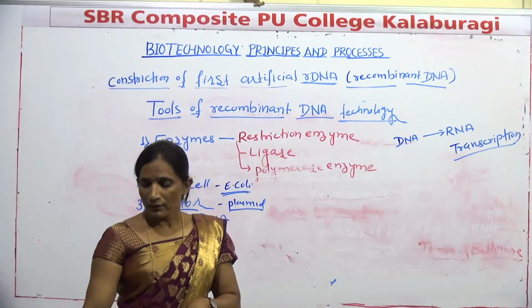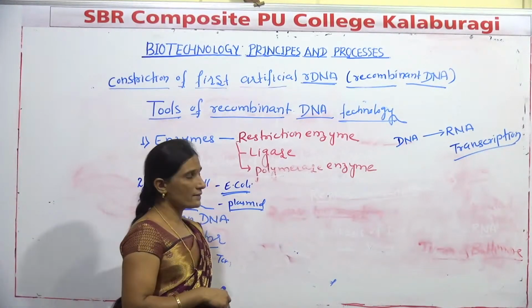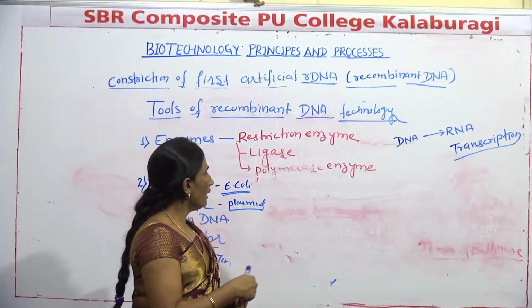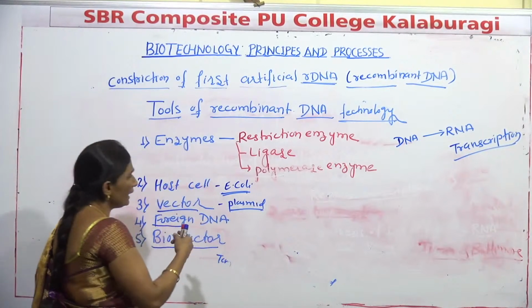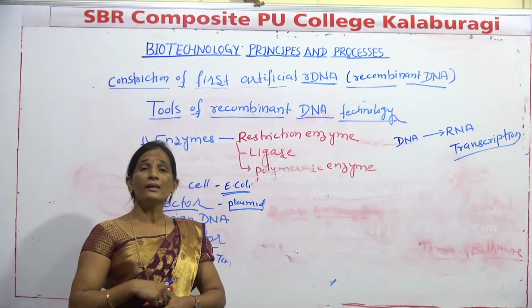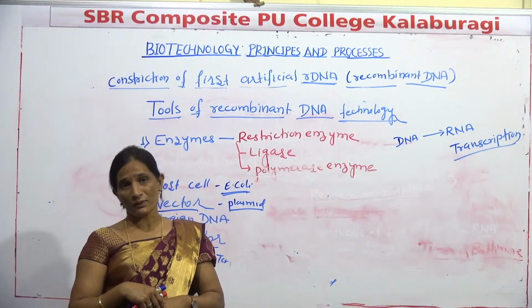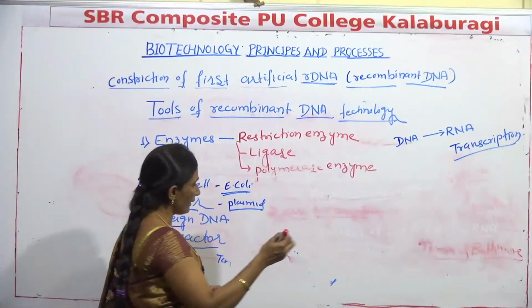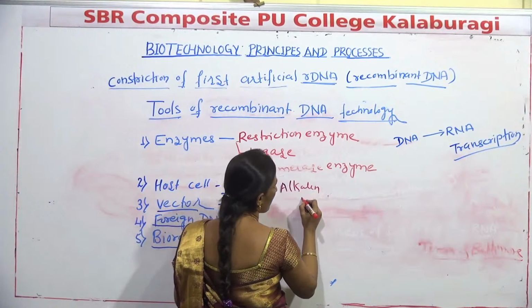So what are the requirements? Enzymes such as restriction enzymes, ligase, and polymerase enzyme. In some reference books, alkaline phosphatase is also given, but as per NCERT it is not given.